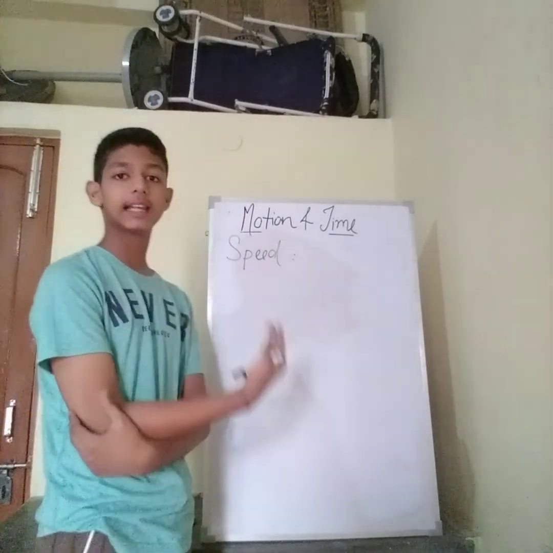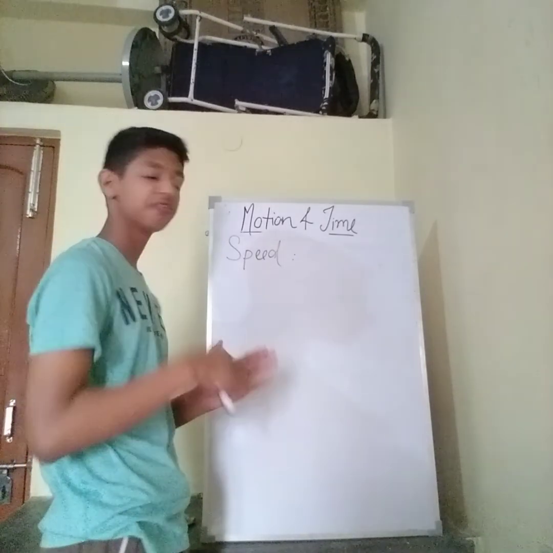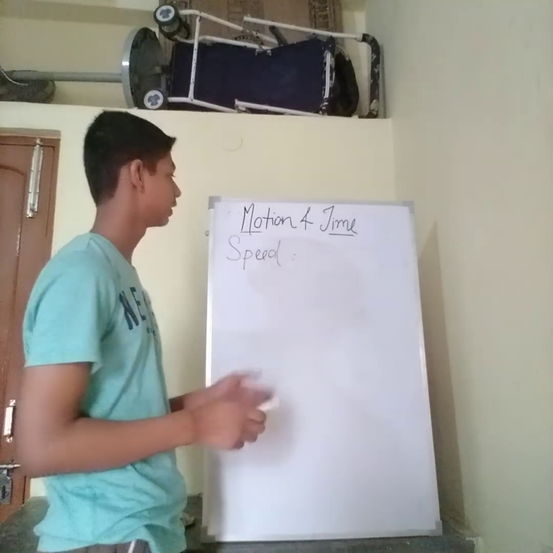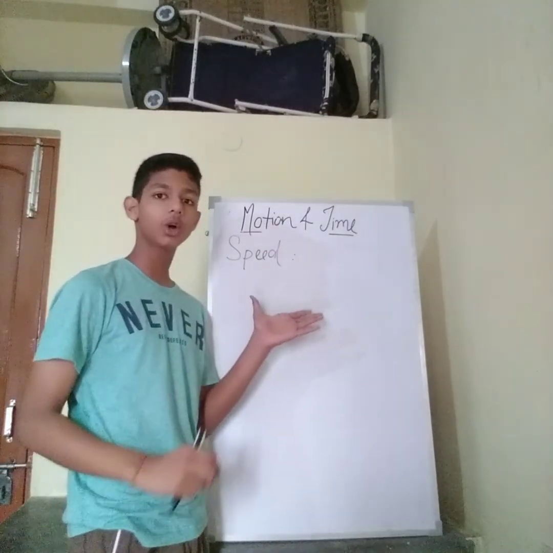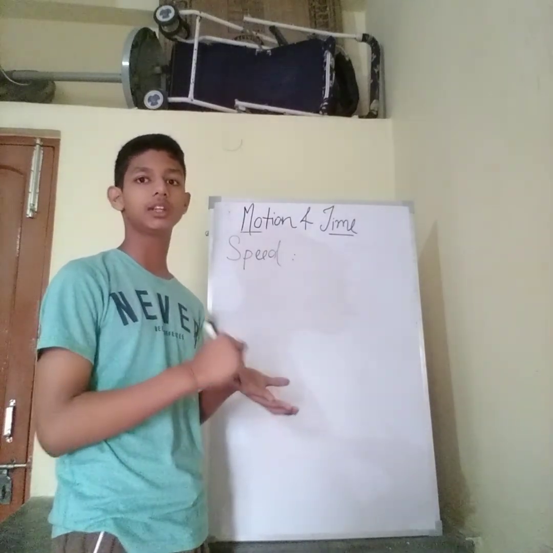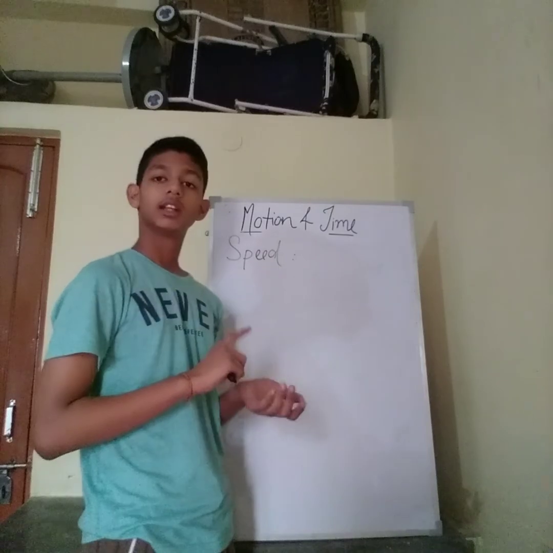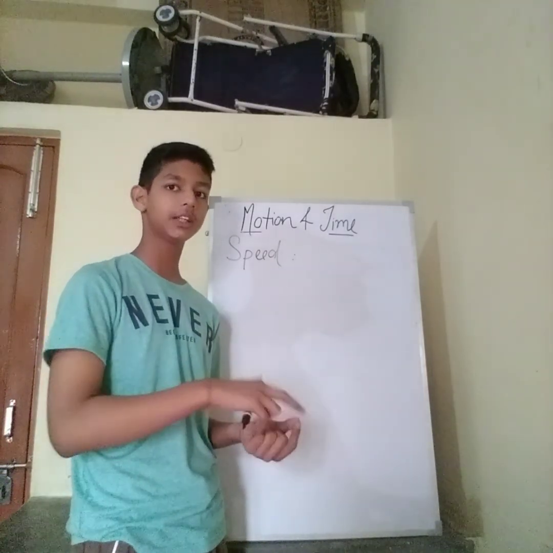Speed is a scalar quantity, which has only magnitude, and speed is defined as the rate of covering distance per unit time. Write down: speed is defined as the rate of covering distance per unit time.